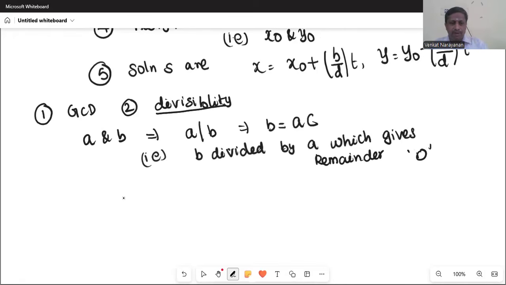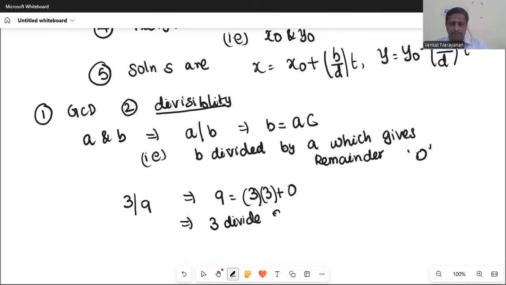For example, 3 divides 9. We can write 9 as 3 into 3 plus 0, so the remainder is 0, and we can say that 3 divides 9. Similarly, 2 does not divide 5, because 5 can be written as 2 into 2 plus 1, so we get the remainder 1.